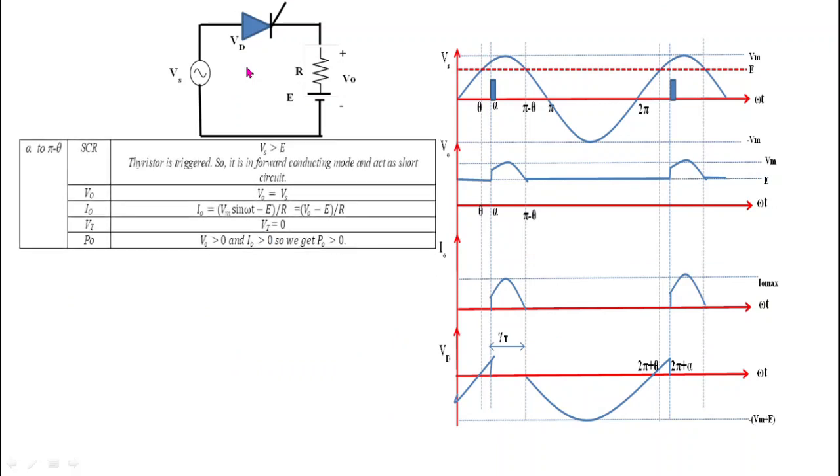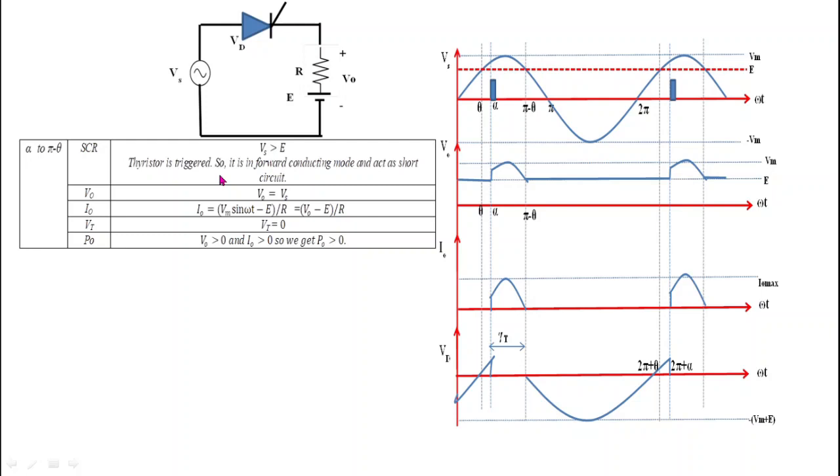Now we will see the operation from alpha to pi minus theta. From alpha to pi minus theta, we see that the gate pulse is applied. It means the thyristor is fired at omega t is equal to alpha. And here from alpha to pi minus theta, we can clearly see that the waveform of the sinusoidal voltage source lies above this red dotted waveform of EMF E. It means Vs is already greater than E and the thyristor is triggered.